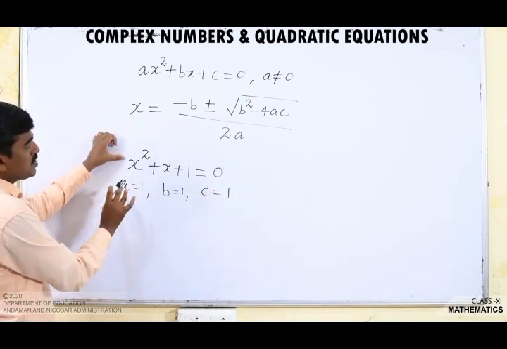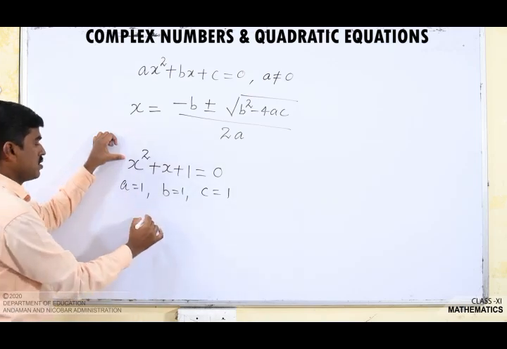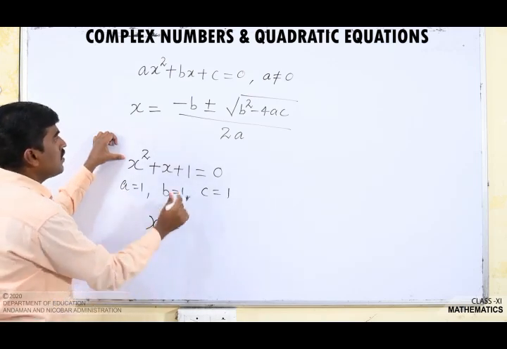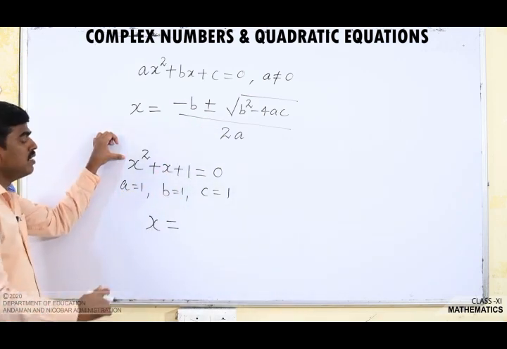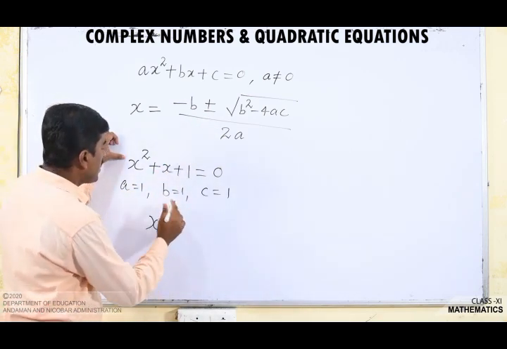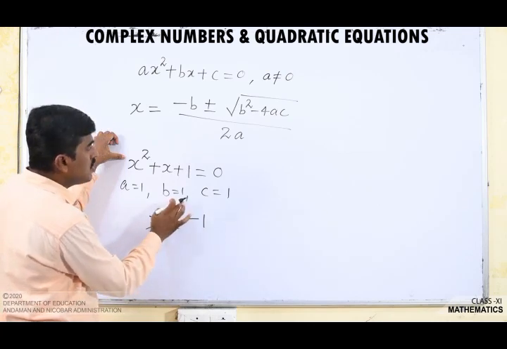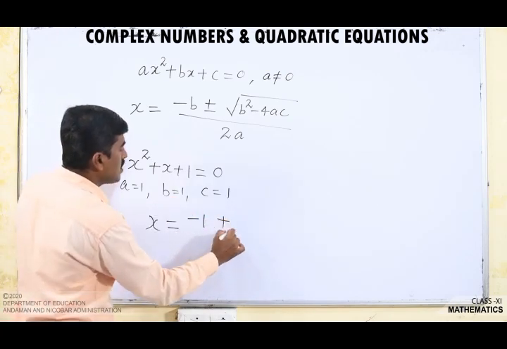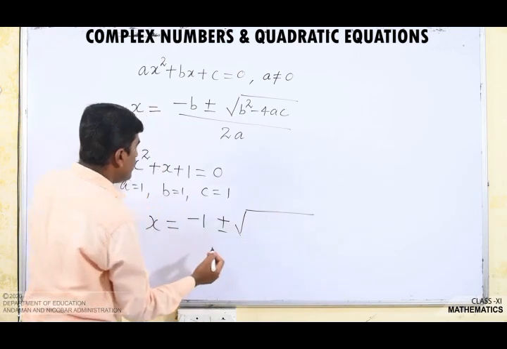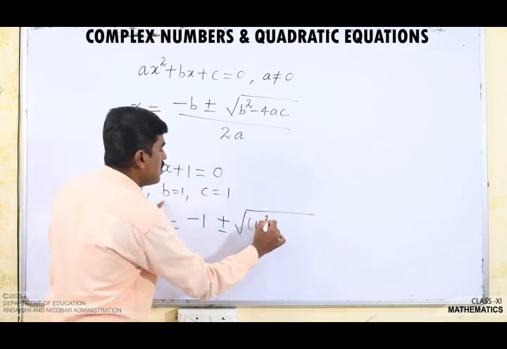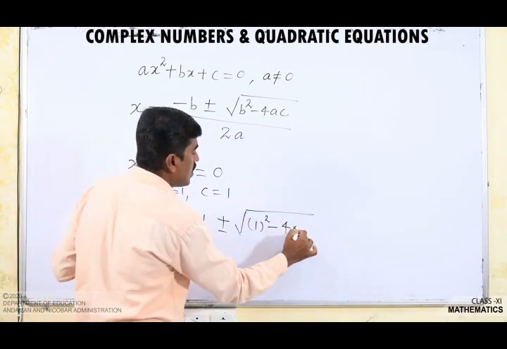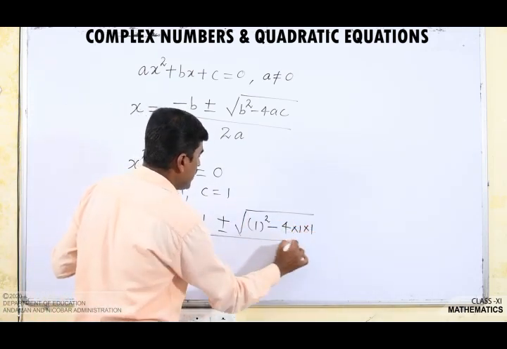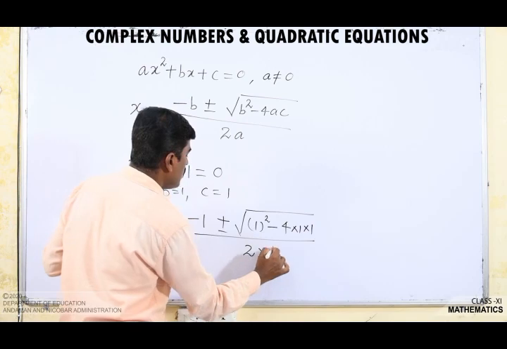Now how to solve this equation? What are the roots of this equation? You find x. What is the value of x? Minus b plus minus root over b square minus 4ac by 2a. So we can write this as minus 1, b is 1, so minus 1 plus minus root over b square, that is 1 square, minus 4 into a into c, that is 1 into 1, divided by 2 into 1.